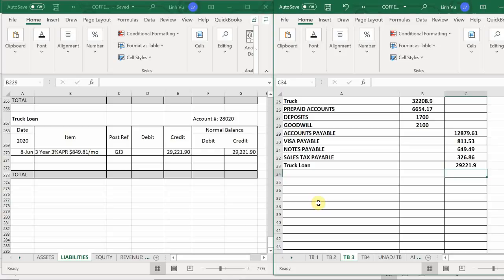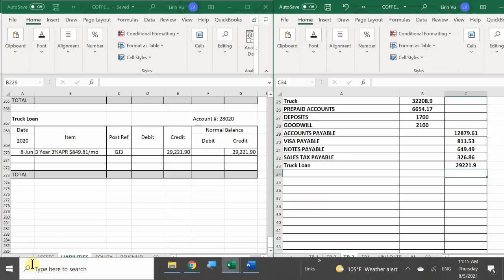Okay, so there we have it. Our truck loan for $29,221.90. All right, and that's the end of our liabilities.